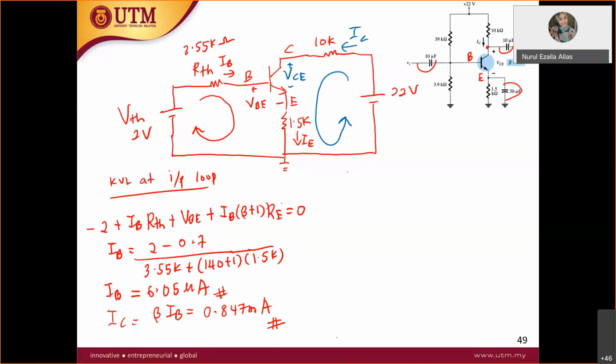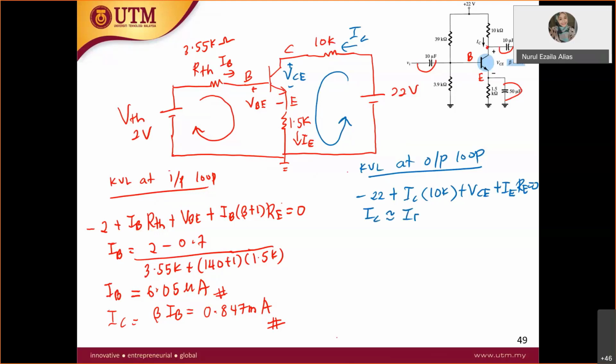All right, so the KVL at the output loop will be -22 plus IC 10K plus VCE plus IE RE equal to 0. IE and IC I want to make the same.